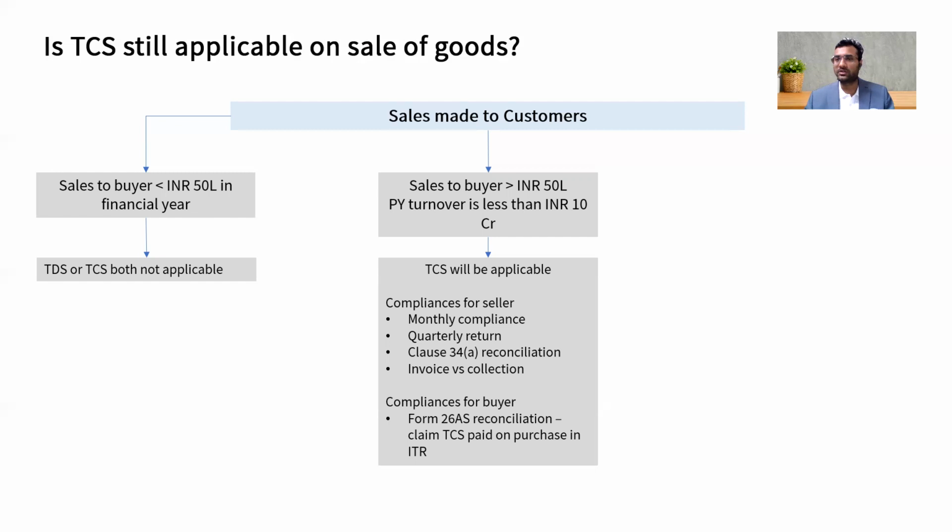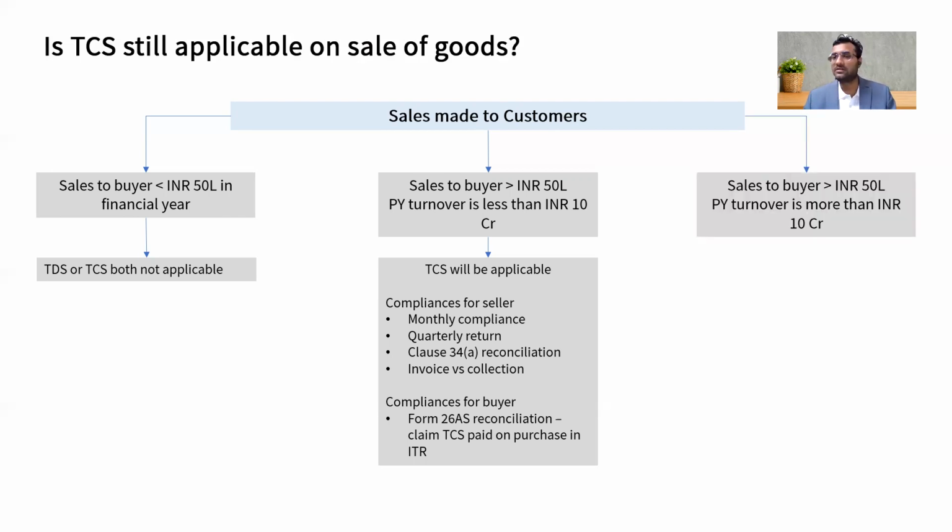And what is the compliance for the buyer? Because the seller has collected tax from the buyer, the buyer has to go ahead and download Form 26AS for the tax collection at source, and he has to claim it in the income tax return, right?